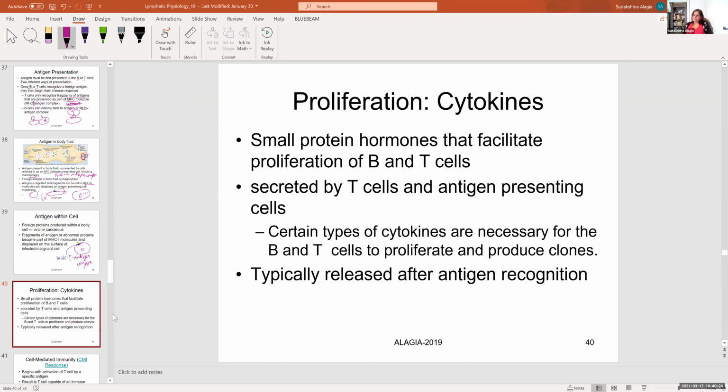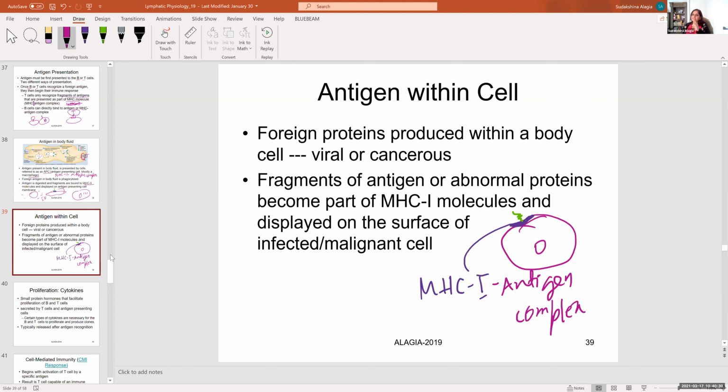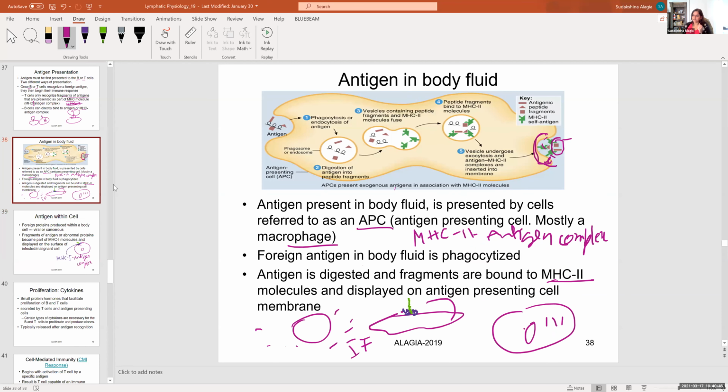Then presentation, recognition. Recognition will be whichever B cell, whichever T cell can recognize this, meaning can bind. It's all about binding. At least one or two T cells somewhere will recognize MHC1. At least one or two other types of T cells and B cells will recognize the MHC2 antigen complex.